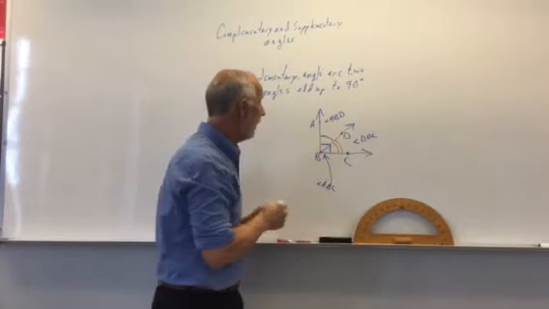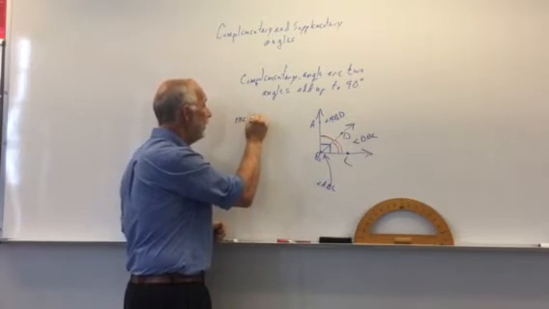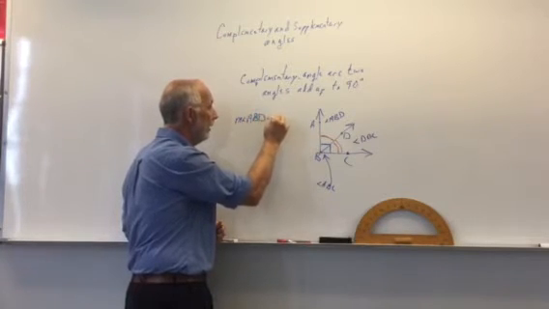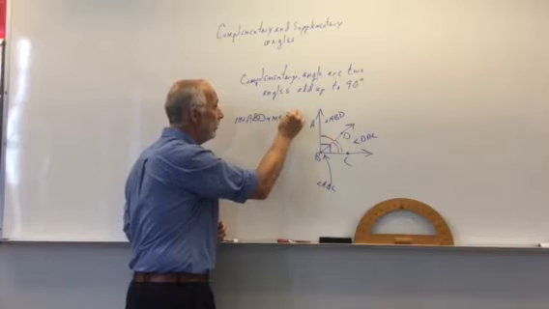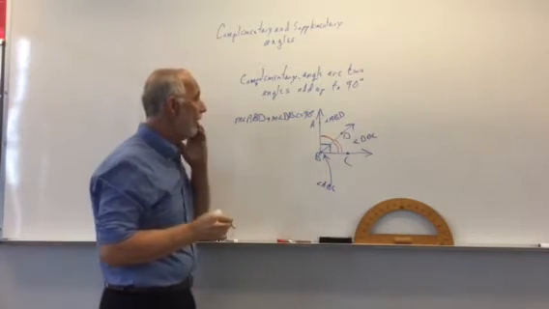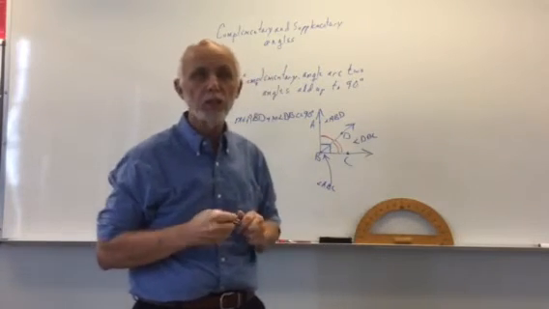So what you're really saying here is that the measure of angle ABD plus the measure of angle DBC equals 90 degrees.